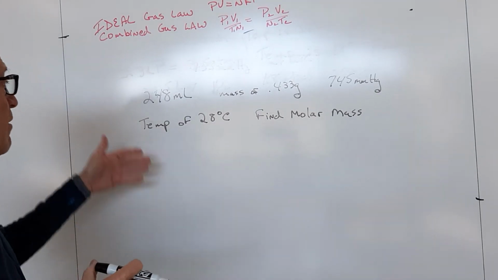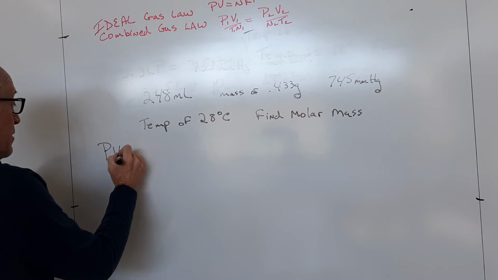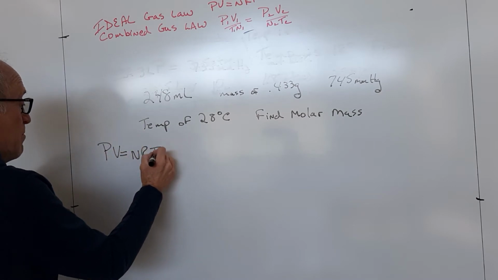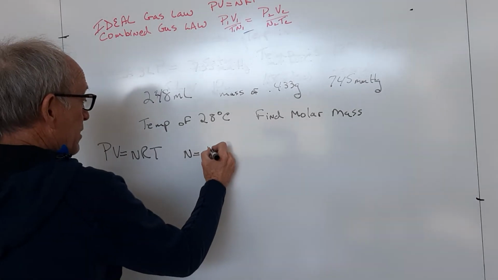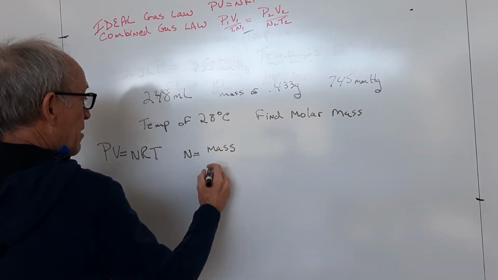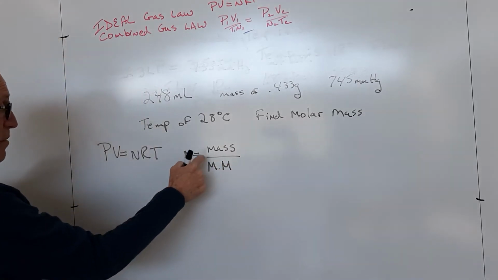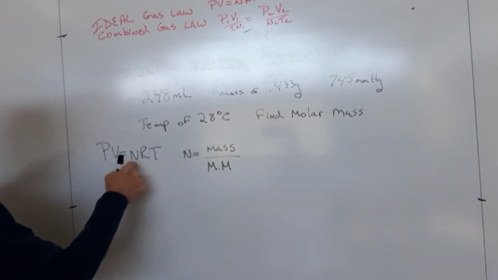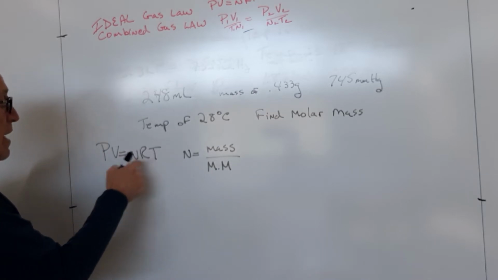Now, nothing's changing, so I'm going to use PV equals nRT. And remember that n, which is number of moles, is going to be equal to the mass divided by the molar mass. So I can either plug mass divided by molar mass into n, or I can just solve for n and then plug it in.